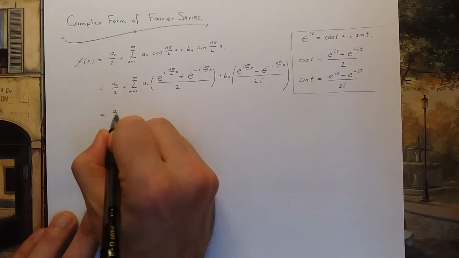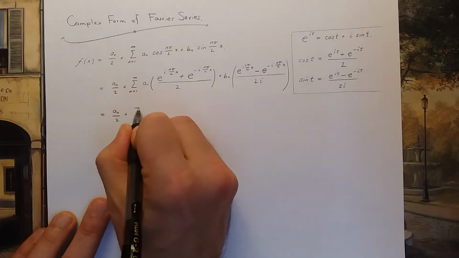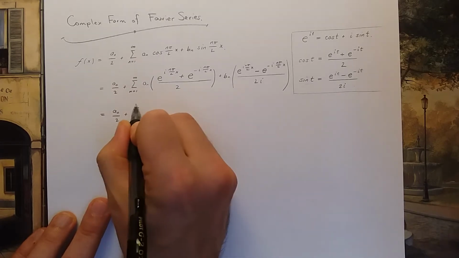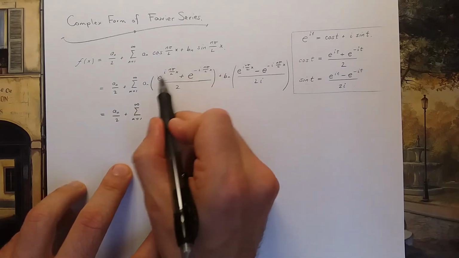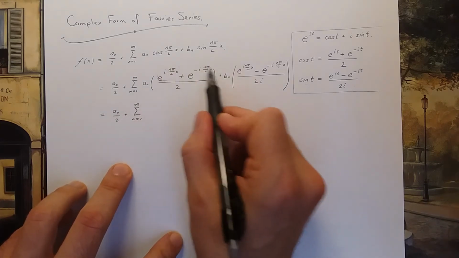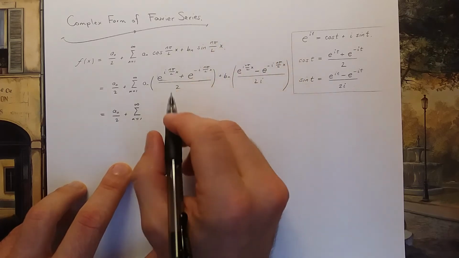So we have a0 over 2 plus the sum going from 1 to infinity. Now I'm going to group all the terms that have an e to the positive power, and then I'll group all the terms that have e to the negative power.